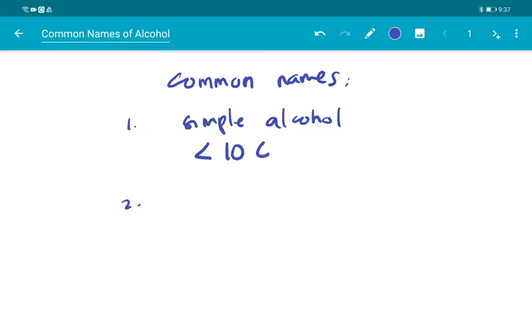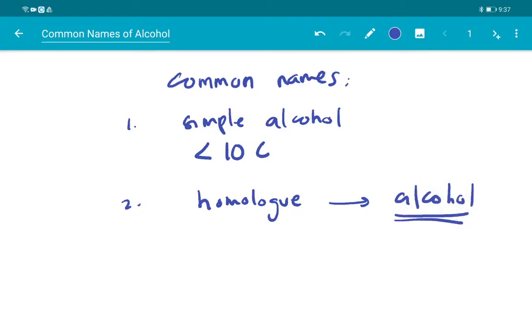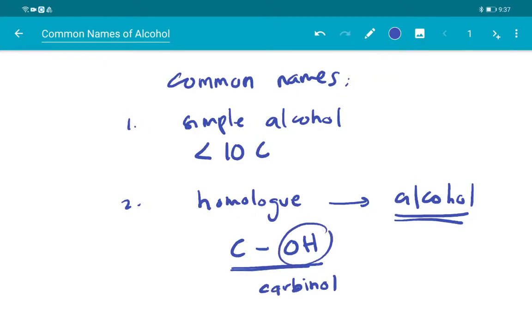Other than that, we're going to mention the name of the homolog series, which in this case, the name will end up as alcohol, as long it contains the carbon attached to the OH group, or we call this as the carbinol, the combination of carbon together with the hydroxyl group.